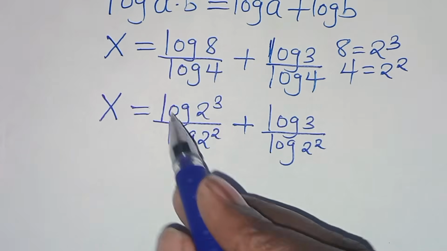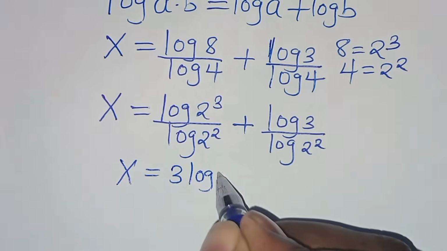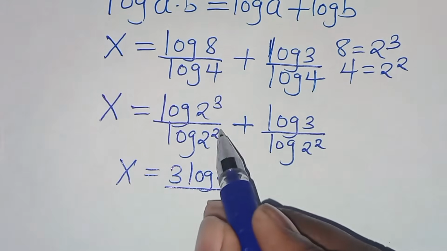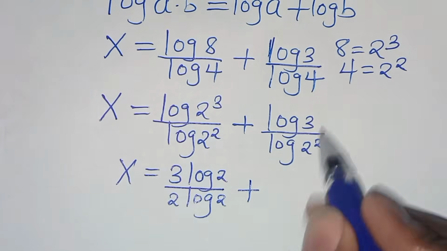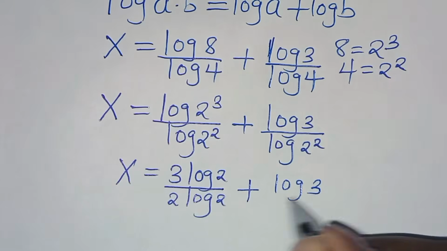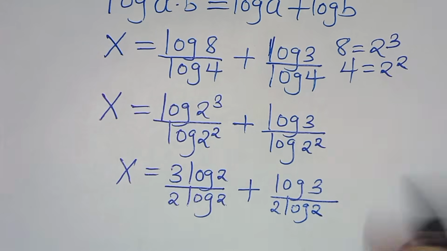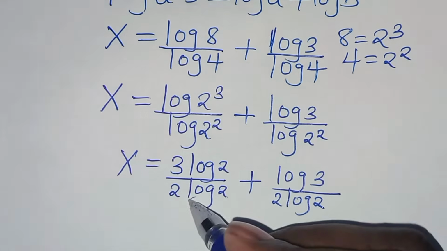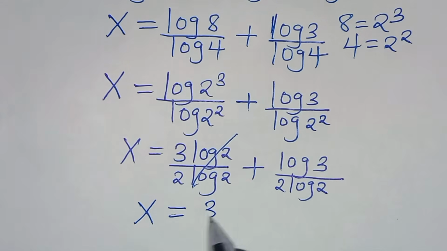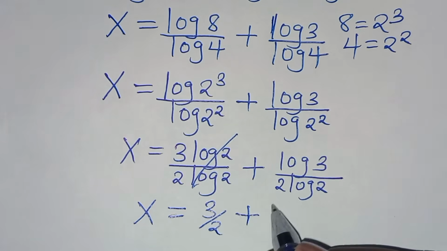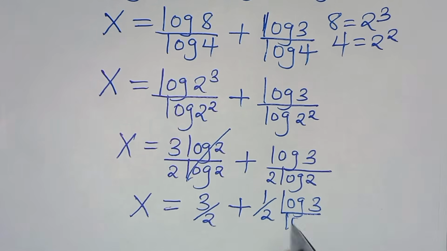Applying the power rule property, log 2 to the power 3 can be expressed as 3 log 2 divided by 2 log 2, plus log 3 divided by 2 log 2. Log 2 and log 2 simplify, so that now we have that x is equal to 3 over 2 plus half log 3 divided by log 2.